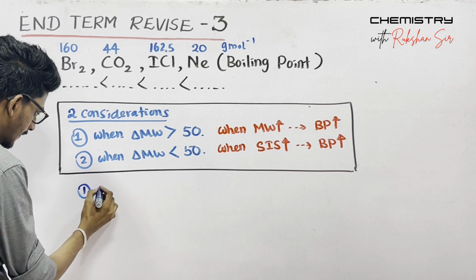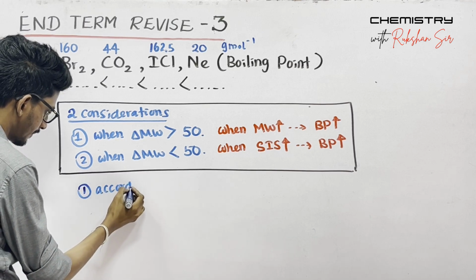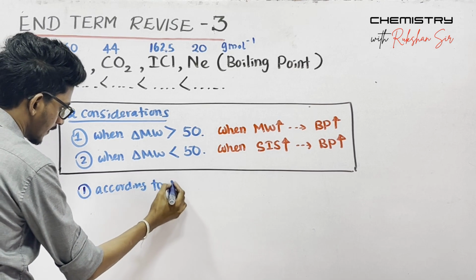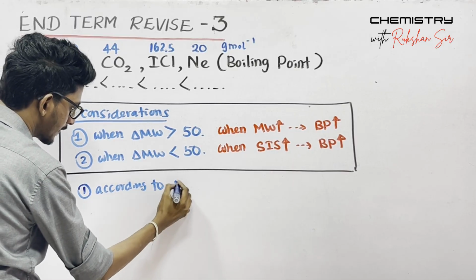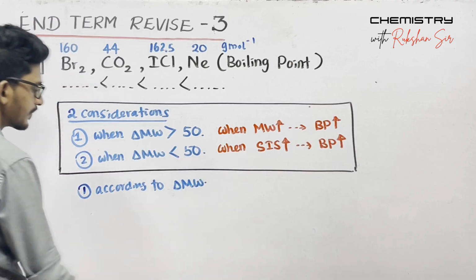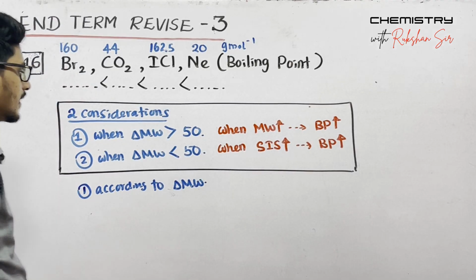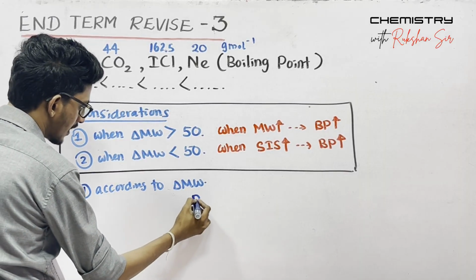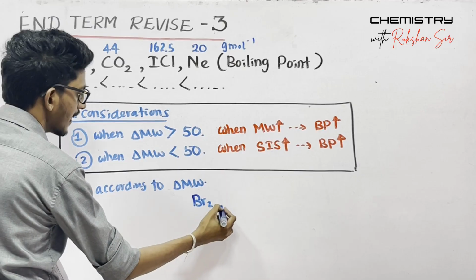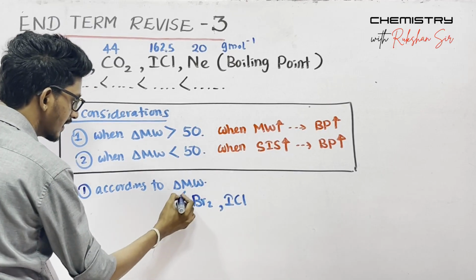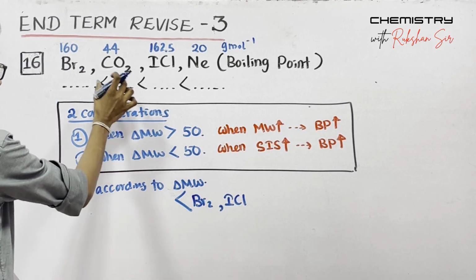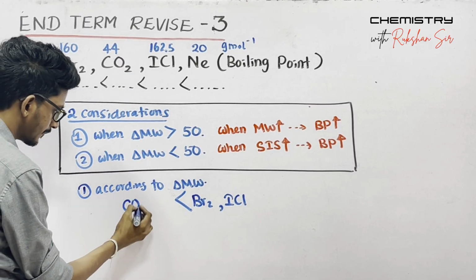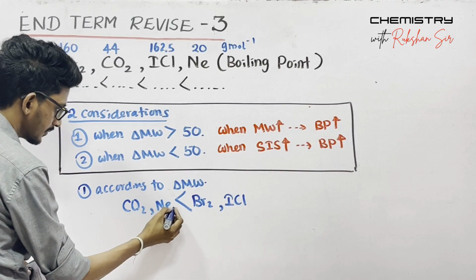According to molecular weight difference, Br2 and ICl are with greater molecular weights compared to CO2 and neon.